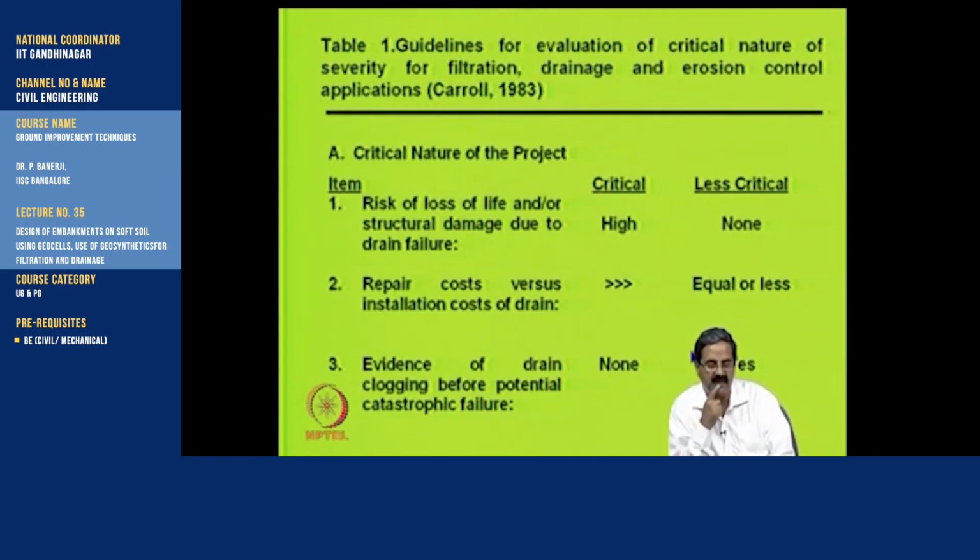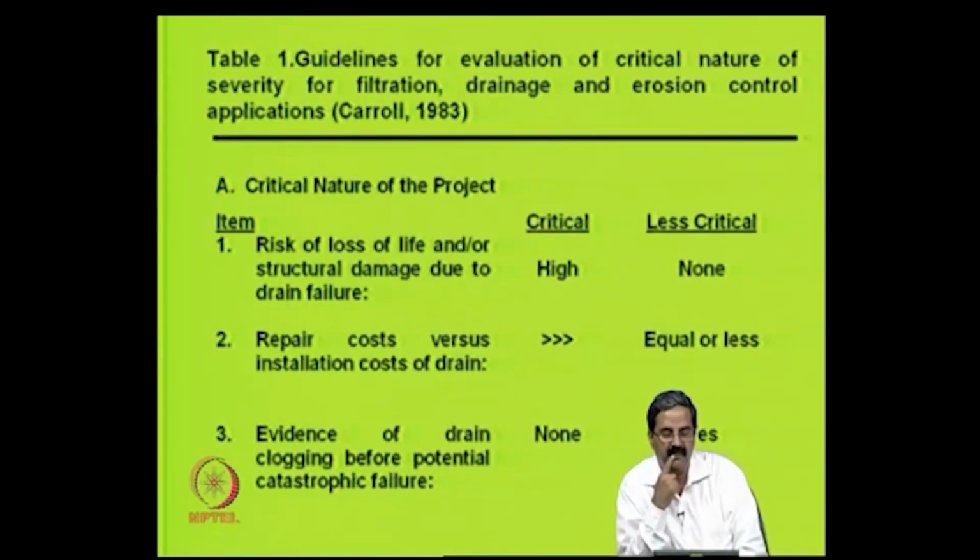And one should also understand the critical nature of these problems. Particularly, one should design the systems accordingly, because unless you understand the criticality of the projects, say for example irrigation projects, then it is very serious.